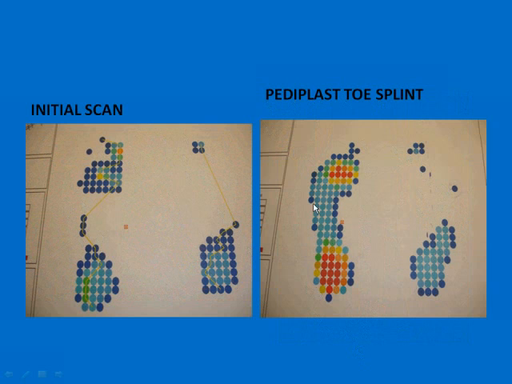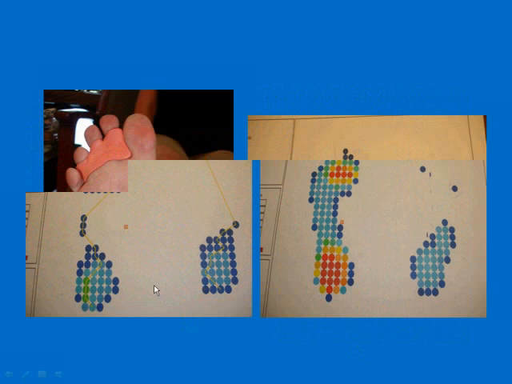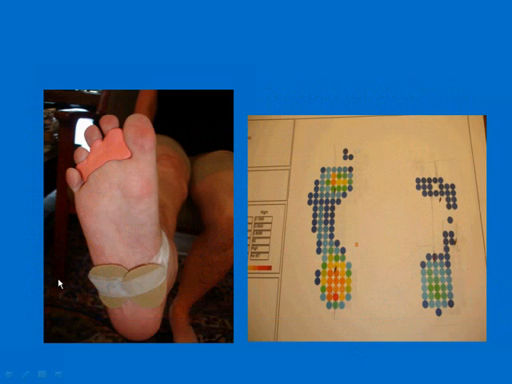So after seeing that, I reinforced with just metatarsal pads, is all they had at this site, and at the calcaneonavicular and at the calcaneal cuboid, padding this with the toe splints. Now you can see what happened to the footprint just with this and the alignment of the foot.